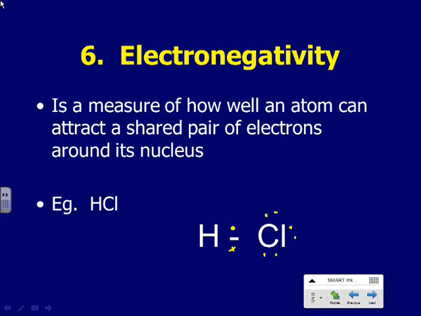So in the end, if no one's going to give it up and they're both pulling on each other, the only way to be satisfied is to stand beside each other. That's what a covalent bond is. Now it turns out when the atoms are different, one atom is a little stronger at pulling than the other. And that makes the tug of war.